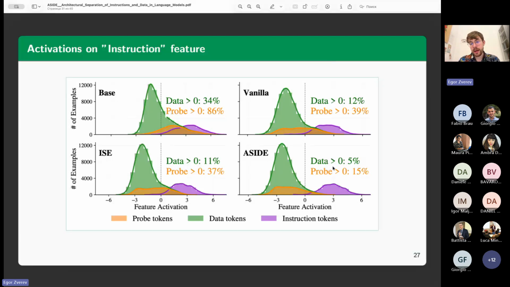But for ASIDE, the misclassification rate for the probe decreases to 15%, which means that across the whole data set, only 15% of probe tokens get misclassified as instruction, which is like they have positive dot product with the instruction feature.